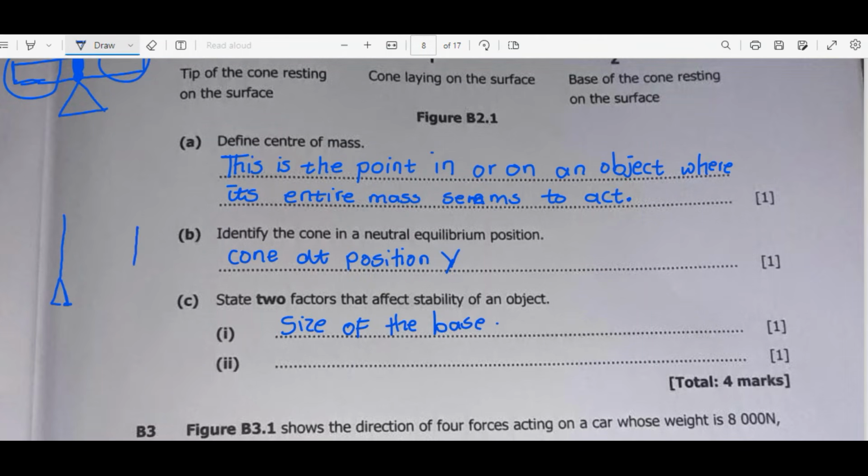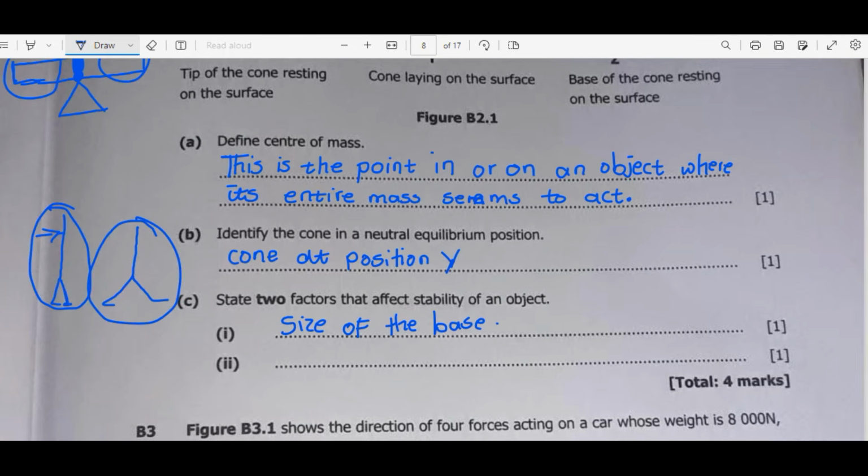Then we have another, the same person moves to a certain position. Now he or she spreads the legs wide. If this person is pushed, it is easier for the first one to fall down compared to the second one. Why? If a person spreads his or her legs, then the stability increases. I'm sure you can see the picture that I'm trying to create here. So that is what it means by the size of the base.